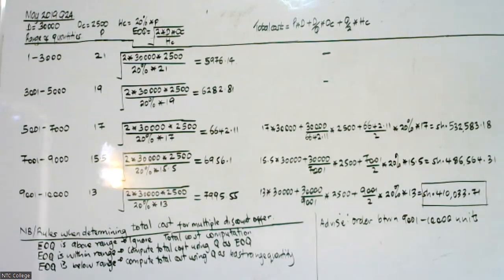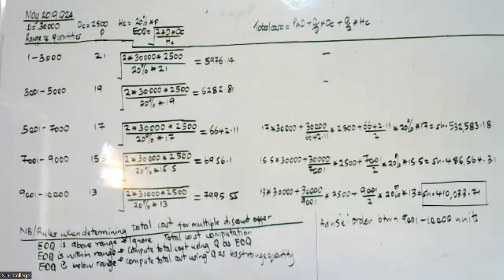Number 3: the holding cost per unit per annum is constant.